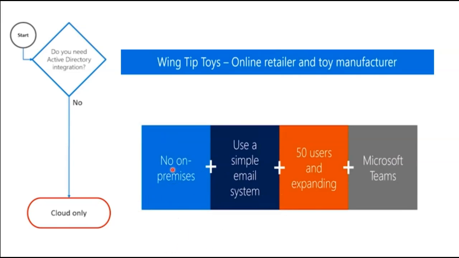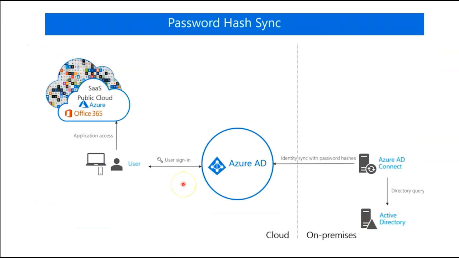So let's take another example and try to understand now. There's a company called Fabricam, which is in manufacturing and has been doing business for the last 30 years. That means they do have their Active Directory, and close to 7,000 different workers sign in every day within their on-premises environment.